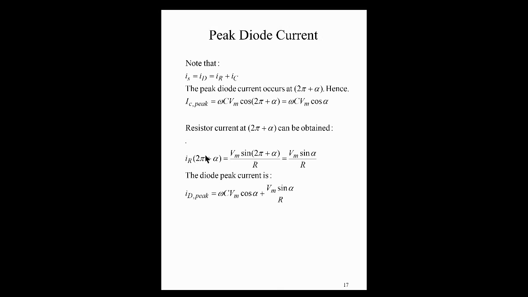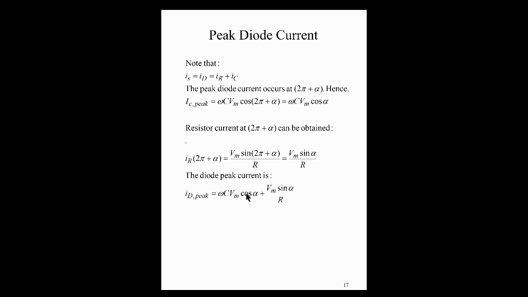We simply make the substitution, same substitution, 2 pi plus alpha into the expression for your current, and that's the Vm sine 2 pi plus alpha over R, and that will just be reduced to Vm sine alpha over R. So your peak diode current, just summing these two, the value for the capacitor and the value for the resistor, right?